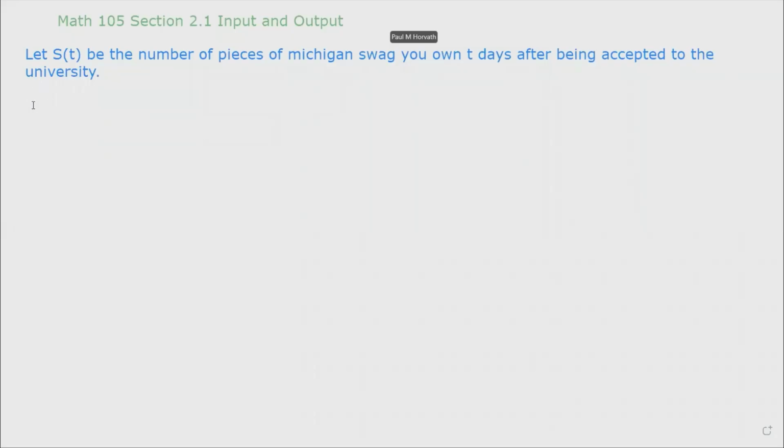All right, friends of mathematics, our final take on input and output is going to be this verbal description of a function. Let S of t be the number of pieces of Michigan swag you own t days after being accepted to the university. T is our input, and the units of the input are days.